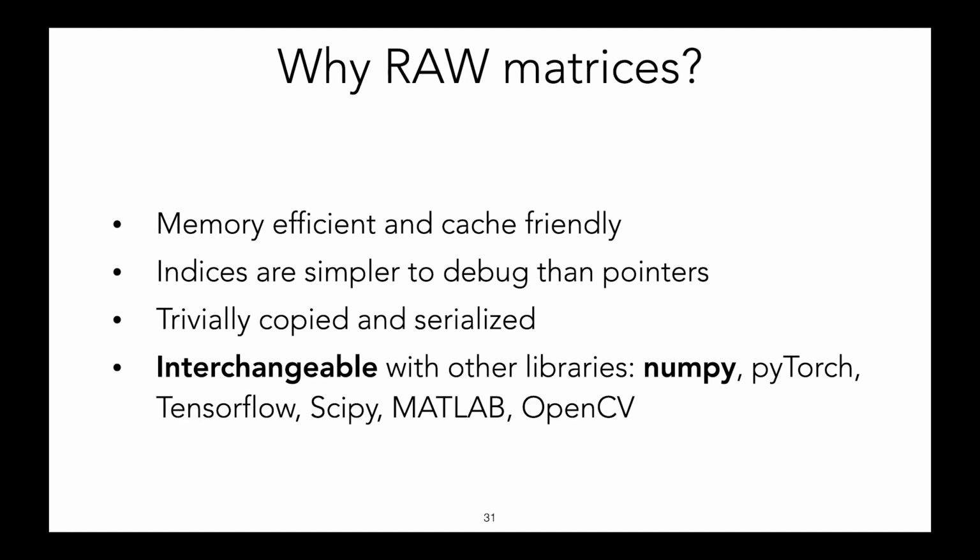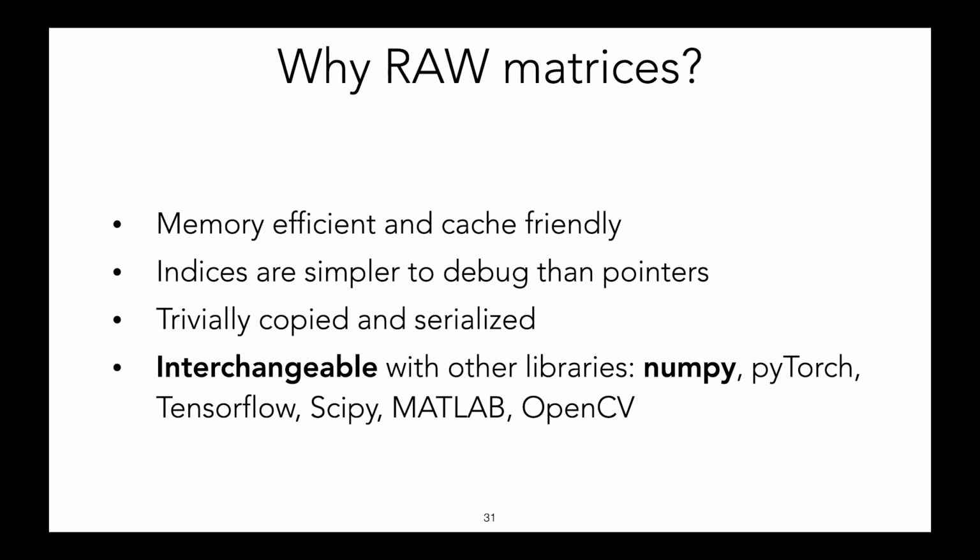Since they are simple, they are trivial to copy and to serialize, meaning that most libraries use matrices, and as long as you use a standard format, it's very easy to save a matrix and load it somewhere else. So this makes our algorithms interchangeable with many other libraries. For example, our decision for this course is to use NumPy as the common denominator for exchanging data between different libraries.